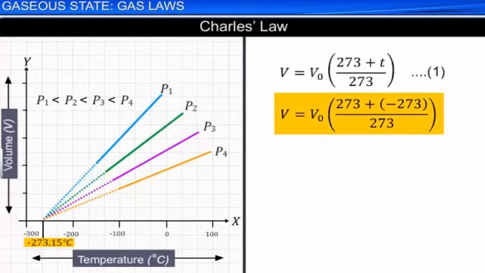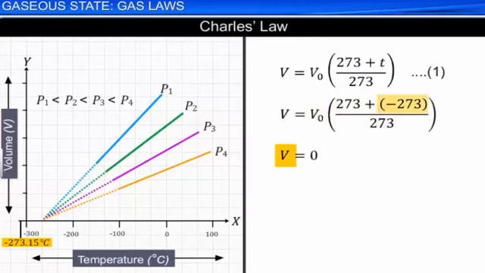Thus, we can conclude that the volume of a gas would be reduced to 0 at minus 273 degrees Celsius. The temperature minus 273 degrees Celsius is called absolute zero. This is the lowest temperature that can ever be reached. At this temperature, the molecular motion of gases will stop and will cease to exist.